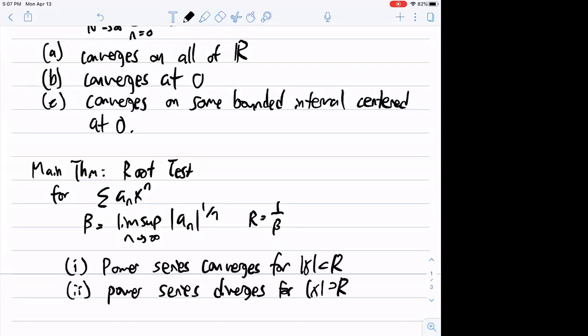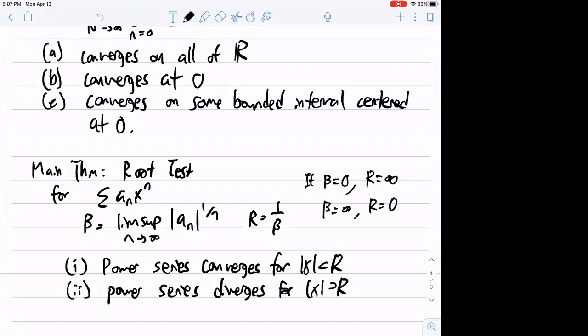And of course, this is assuming R is finite. If beta equals 0, we think of 1 over 0 as infinity, and if beta is infinite, then we say R is 0. So R is your radius of convergence.